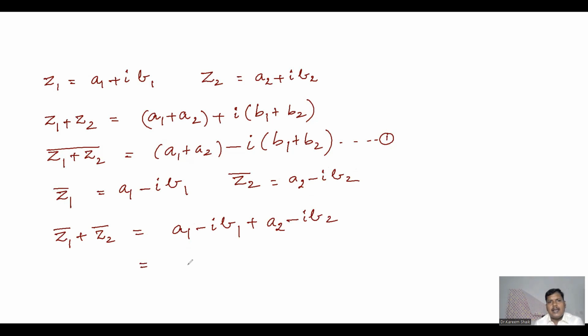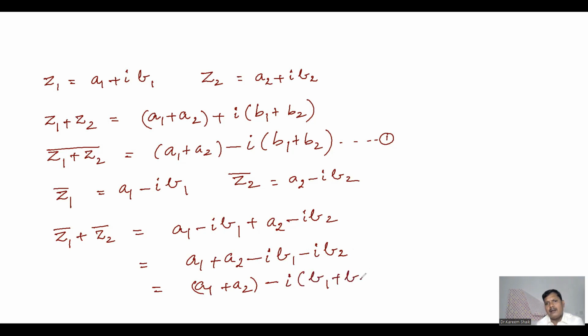Can I write it as a1 plus a2 minus iota b1 minus iota b2? Just rearrange the terms. Can I write it as a1 plus a2 minus, if I take common minus iota, then b1 plus b2, right? I am considering it as equation 2.